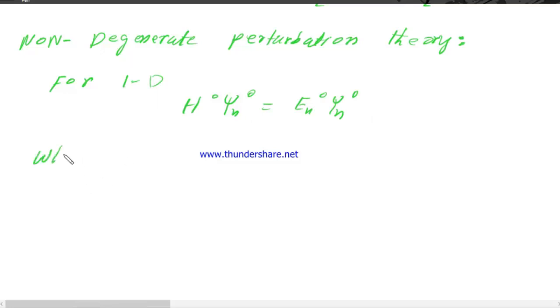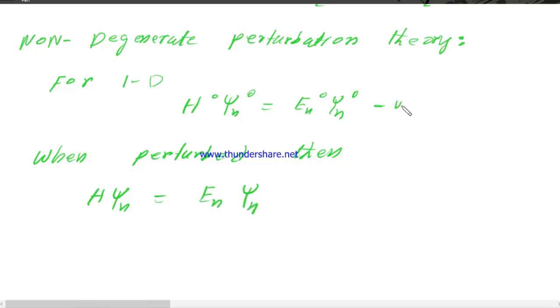When we perturb the system, then the new eigenvalue and eigenfunctions are H, psi_n and E_n, psi_n.